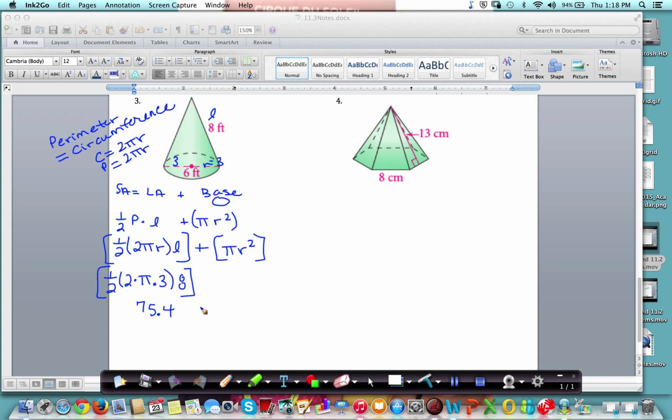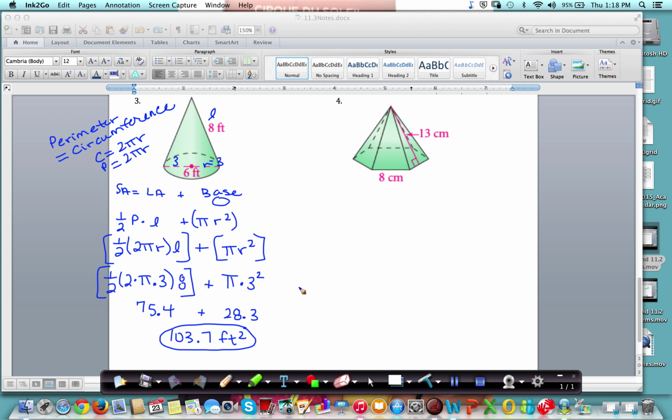And then over here, I'm going to have pi times radius squared. So when I do 9 times pi, I get 28.3, and then I add those together, 103.7 feet squared.